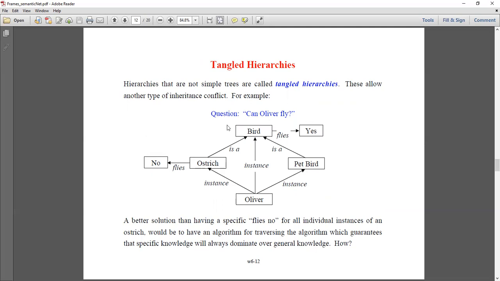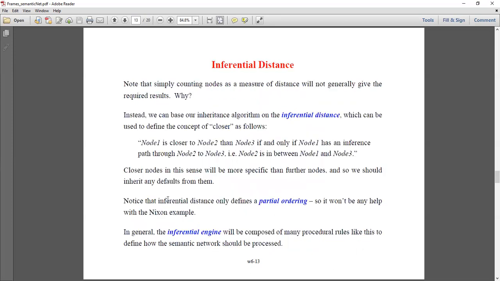Now if there is a question like can Oliver fly, the question will be ambiguous, because Oliver is a pet bird and a pet bird is a bird, so according to that logic Oliver should fly, but Oliver is an ostrich and ostriches don't fly. So semantic nets, if multiple or mixed hybrid inheritance is used, may create ambiguity.